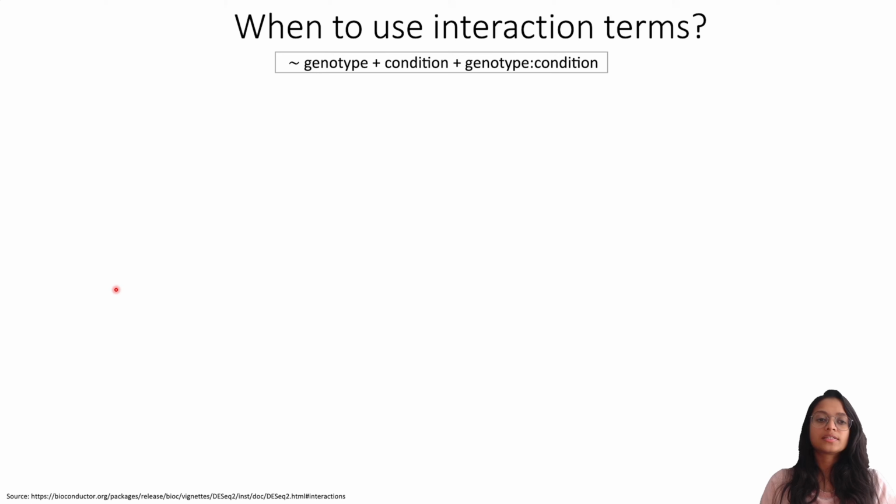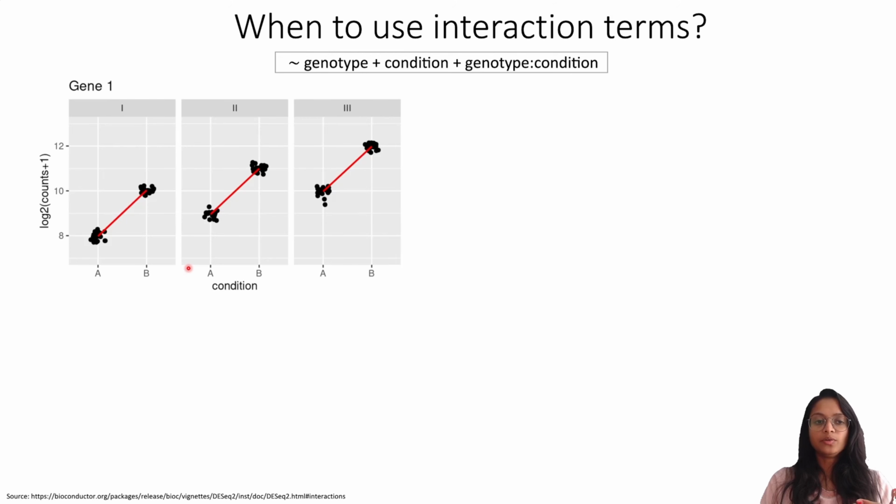So now that we understand what interaction terms are and what questions they help us answer, let us understand when to use these interaction terms. Continuing with the same example from the previous slide, here we observe that each genotype starts with a different baseline level of gene expression under condition A. The baseline expression under condition A is the lowest in genotype 1, slightly higher in genotype 2, and highest in genotype 3.